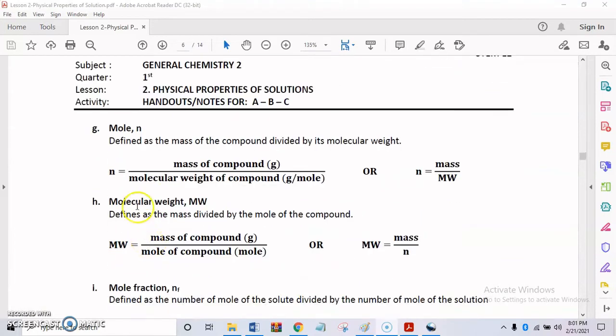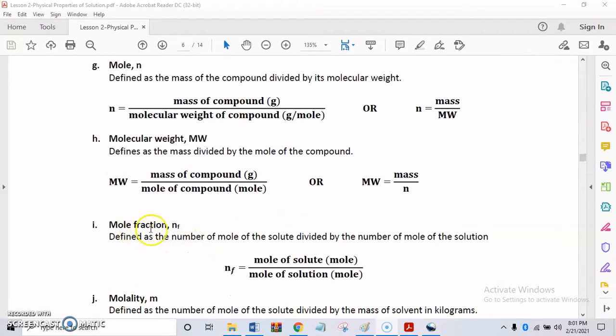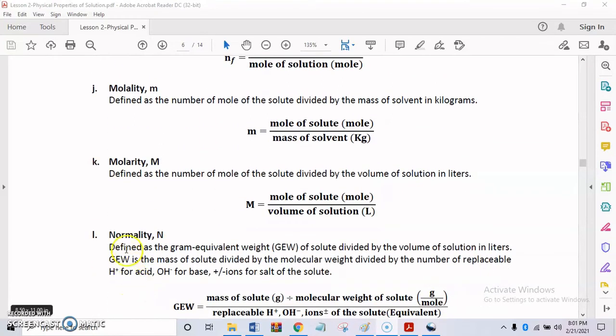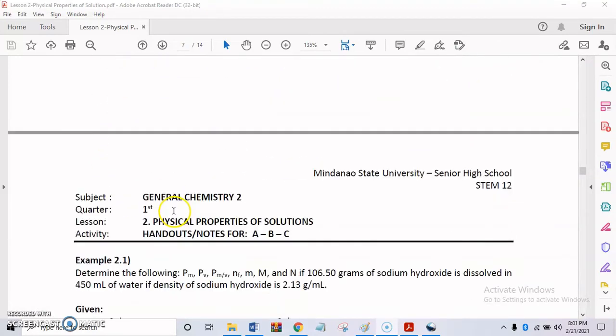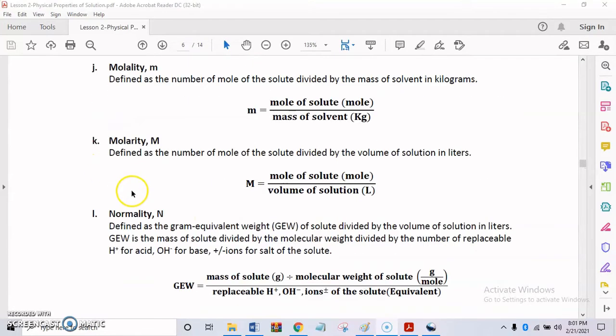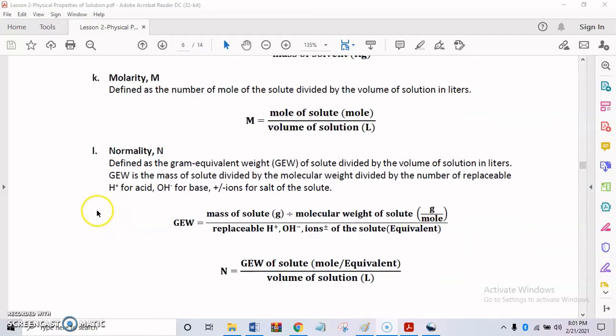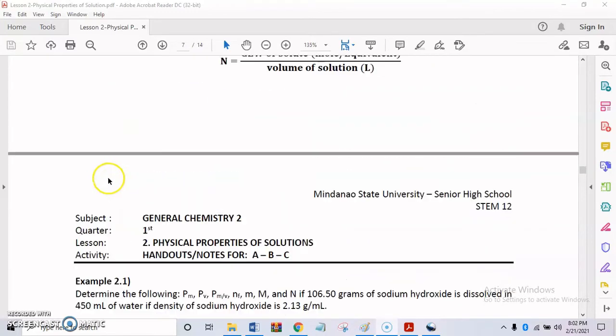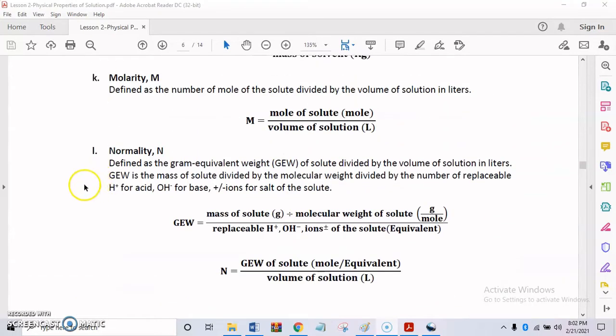Mole, the molecular weight, the mole fraction, molality, small letter m, molarity, big letter M, normality, big letter N, and that's all. So, all in all, up to L, you need to familiarize those and also memorize if possible, because in solving various problems, our examples from 1 to 5, we need these formulas.